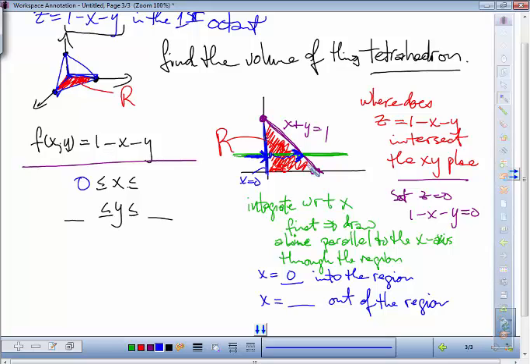What is this function? I see x plus y is equal to 1, right? But I want x in terms of something. So I'll solve for x, and x is equal to what? 1 minus y.